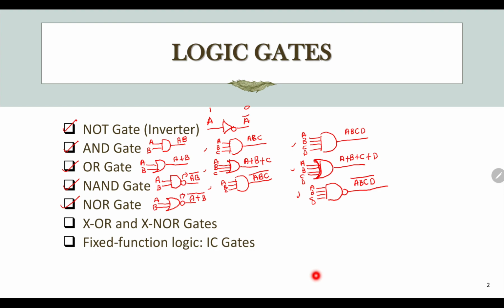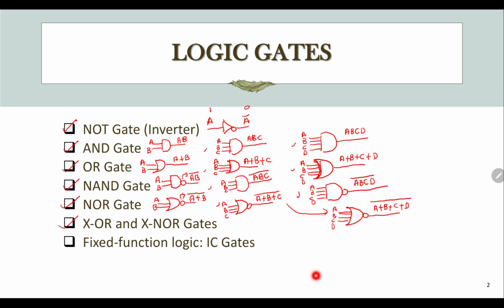This bubble will invert the operation of A plus B. Then the NOR gate for 3 inputs, A, B, C, gives A plus B plus C, bar. Same goes for the NOR gate with 4 inputs, A, B, C, and D. You will get A plus B plus C plus D, all bar.